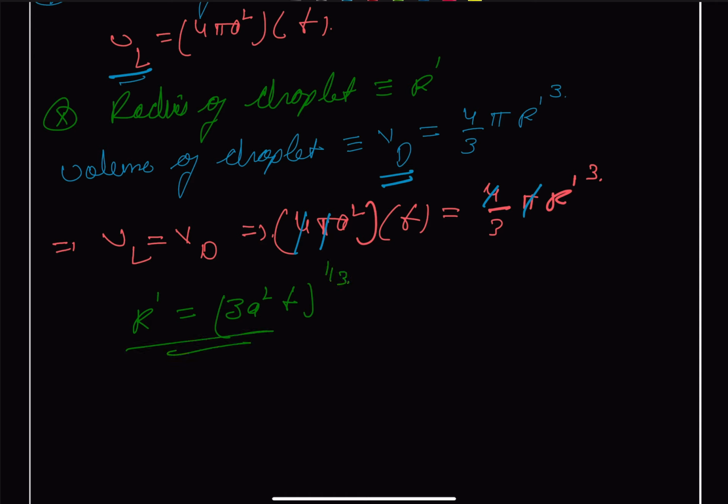So this is the radius of the droplet, and we can find out the charge on the bubble in terms of the potential.